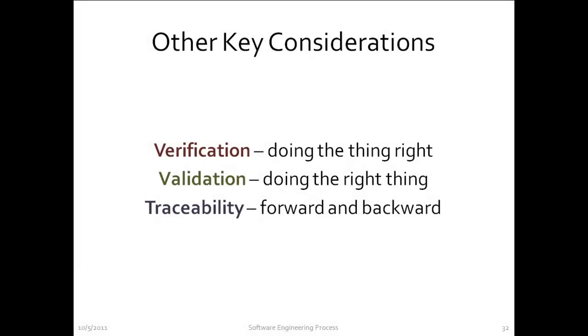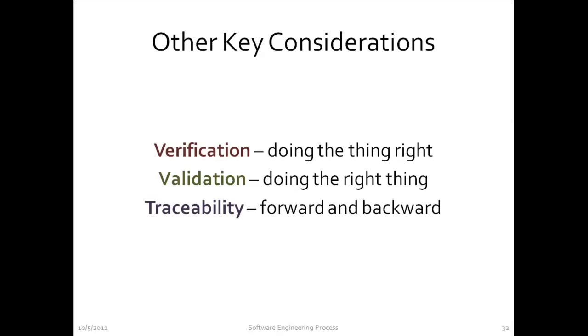The next 3 considerations or concerns span phases. They cannot be categorized or they are not specific to any phase. These 3 considerations are verification, which is doing the thing right, validation, which is doing the right thing, and then traceability, which can be both forward and backward. Verification is all about whether something was created by following the prescribed actions in the right way.